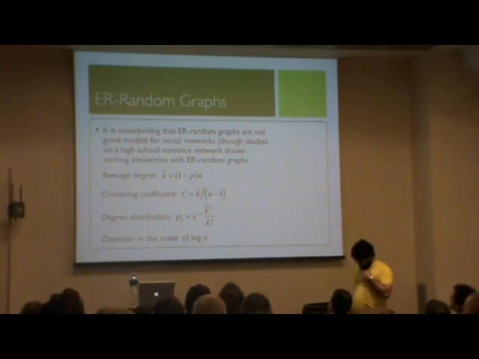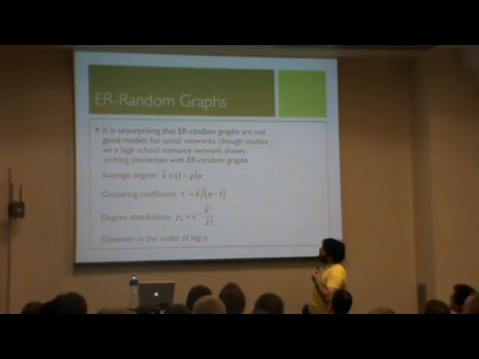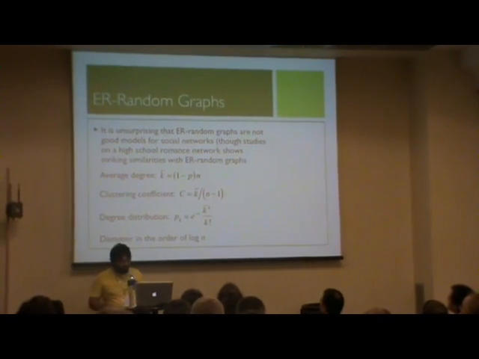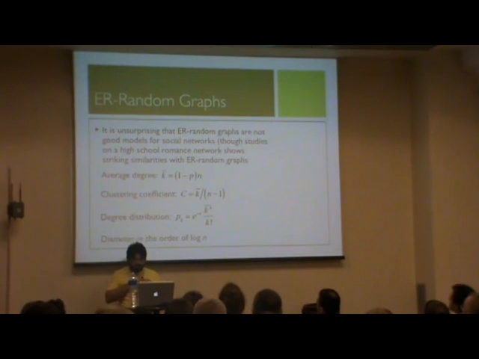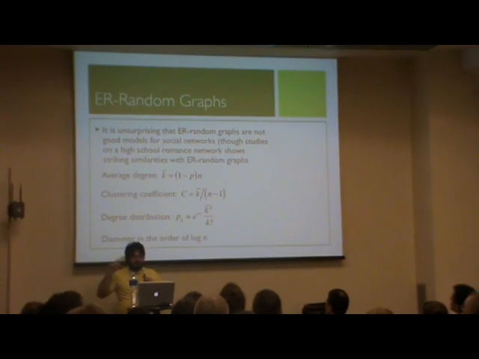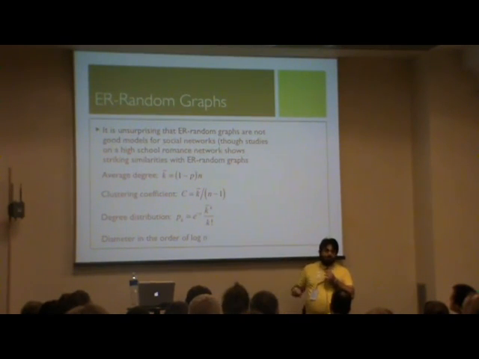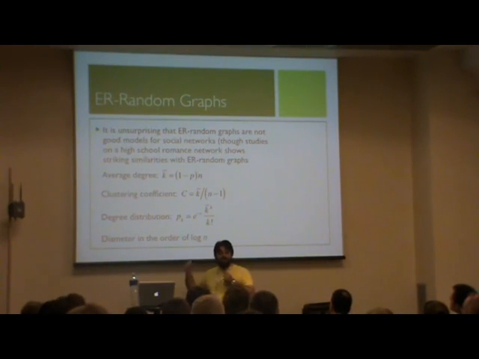But anyway, this is not completely irrelevant. For example, there is something that I find quite funny. They studied a high school romance network. So they looked at who dated whom, and they found out that that network was more akin to a random network than to a social network.